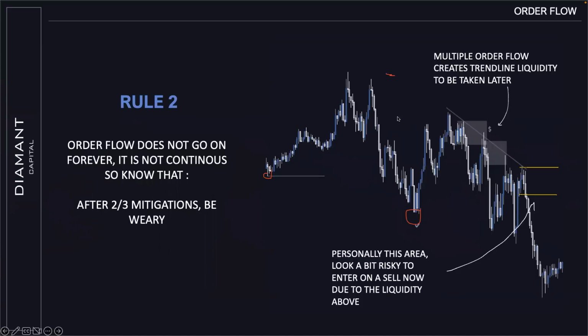What we usually want to look for in order flow is a break of structure every single time. So we get a break of structure, a pullback, a break of structure, a pullback. Again here, we want to see that other break of structure and the pullback again.